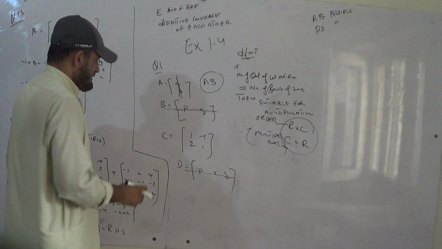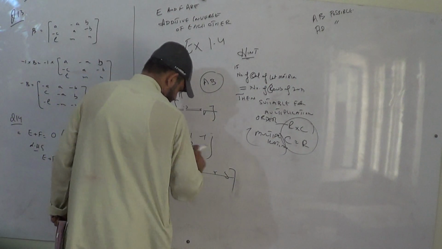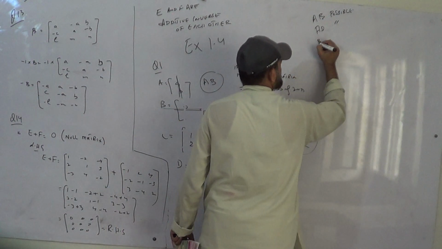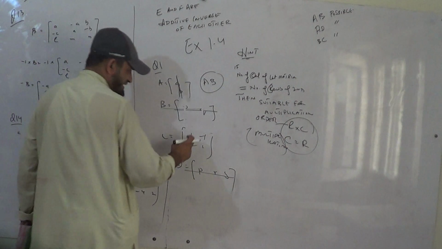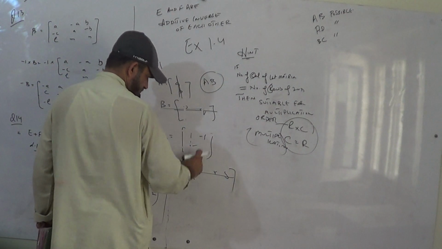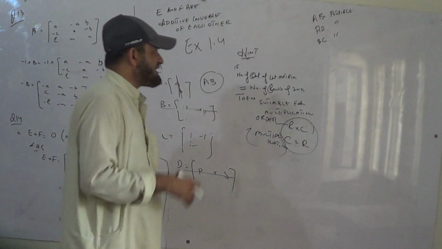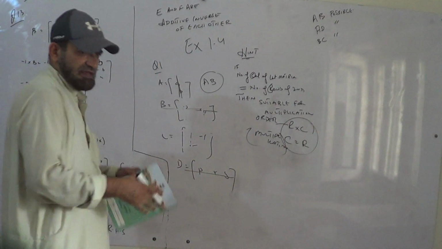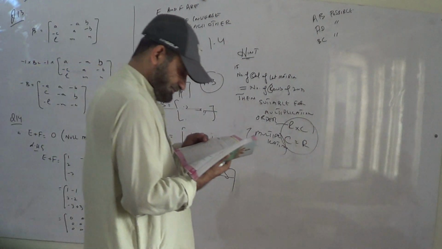Now BC is possible. CB is not possible. Therefore AB is possible, AD is possible, and BC is possible. Check the remaining by yourself, whether they are possible or not.